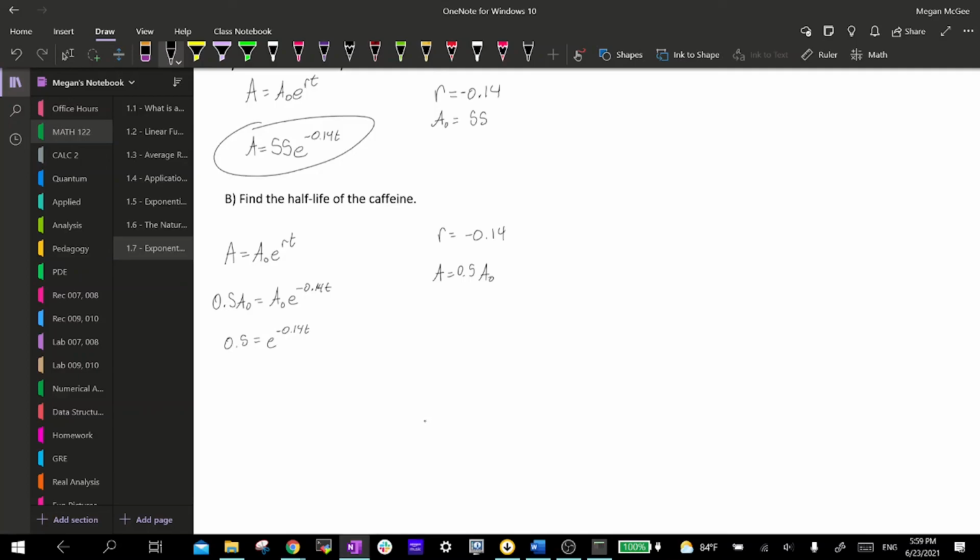Same process, we'll take the natural log of both sides. So we have the natural log of 0.5 is equal to the natural log of e to the negative 0.14 t. We did that so we can use that wonderful property of bringing down that exponent and making it a coefficient. So we have negative 0.14 t times the natural log of e.